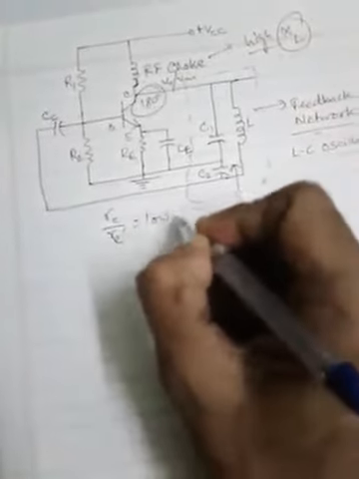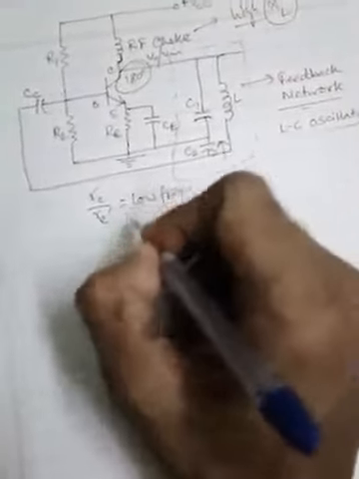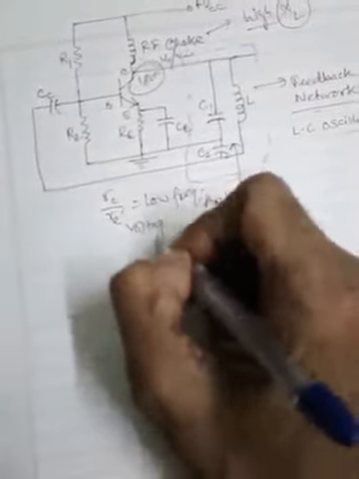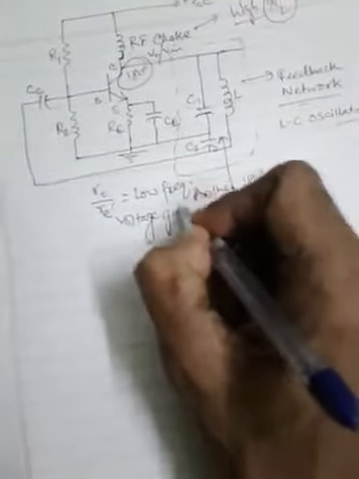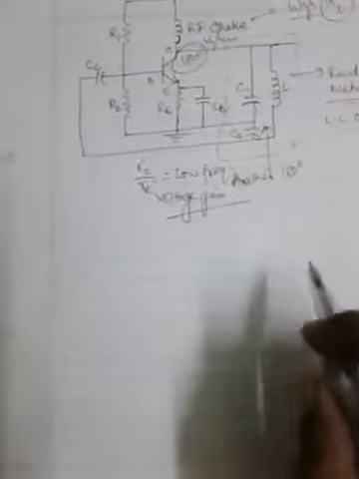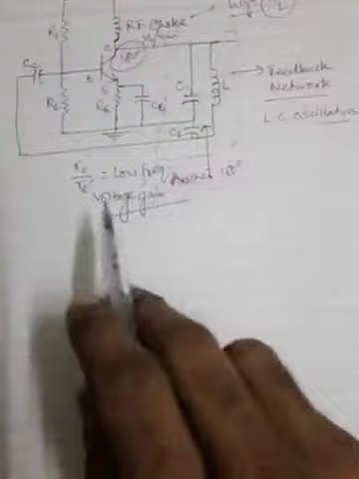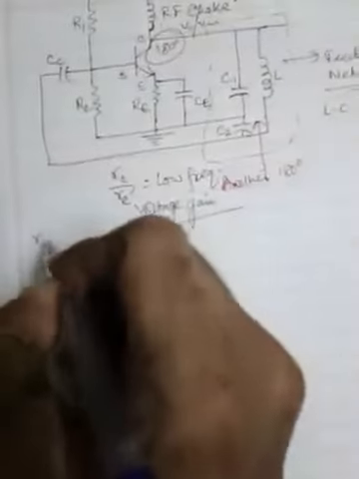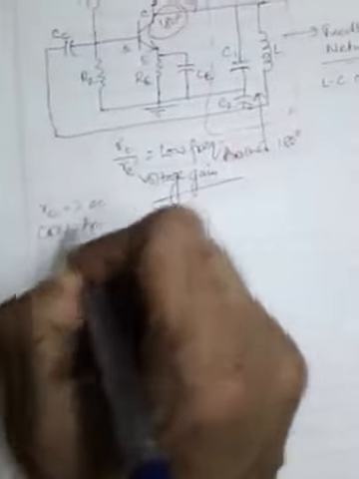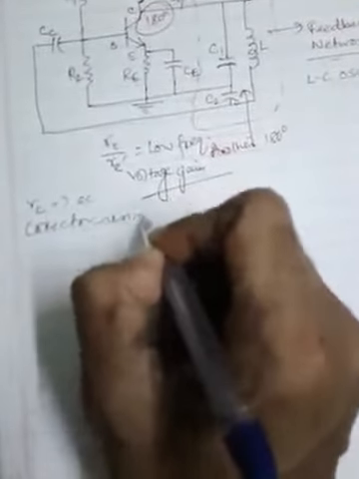In this case, we have seen all this discussion about the high frequency analysis for transistor amplifier. Here this rc is called the AC collector resistance.